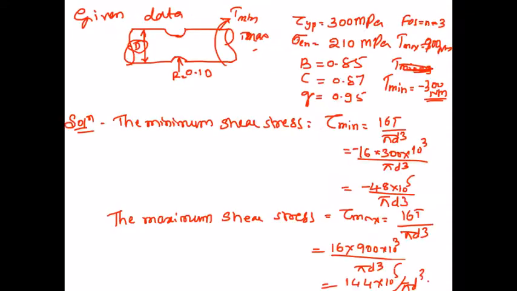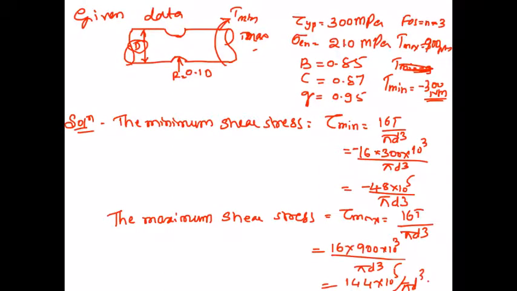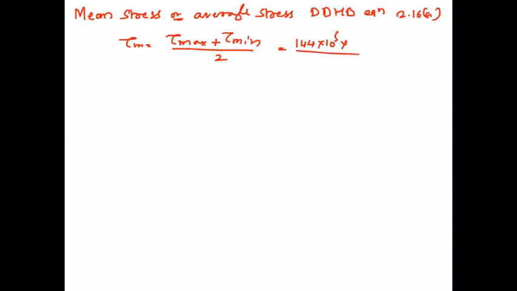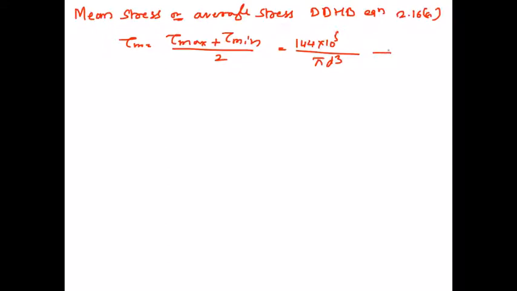Tau max is 144 into 10 to the power of 5 divided by pi d cube, minus tau minimum, which is minus 48 into 10 to the power of 5 divided by pi d cube, whole divided by 2.